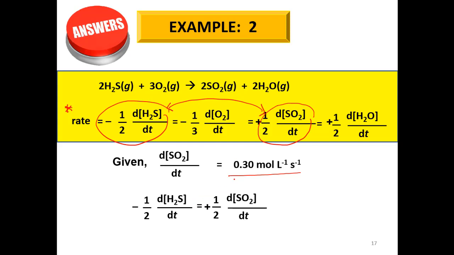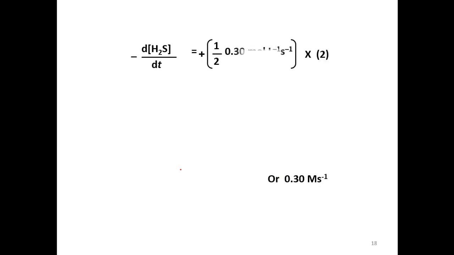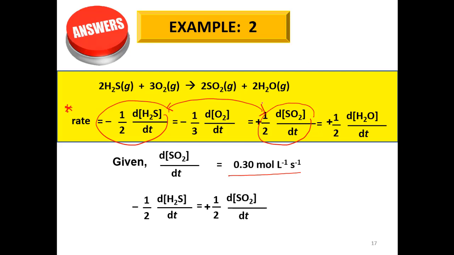So the rate of formation of SO2 dah diberi 0.3. So value 0.3 tu adalah untuk dSO2 over dt. So kita gantikan dSO2 over dt dengan 0.3, and then ini adalah 1 over 2 tadi tu. Yang darab 2 ni datang daripada mana? Is from here.